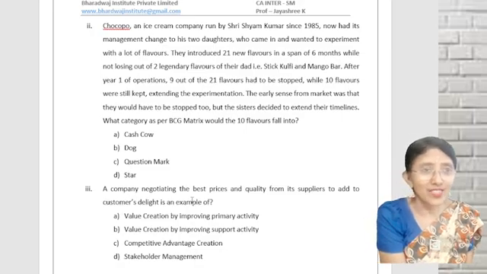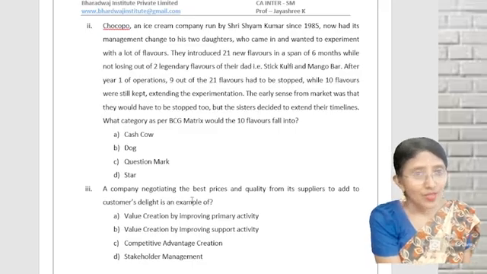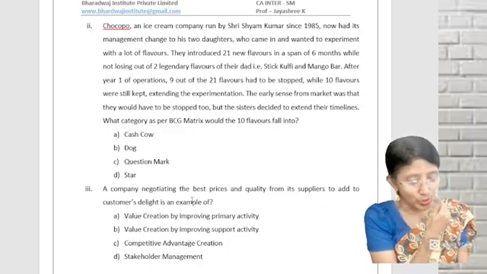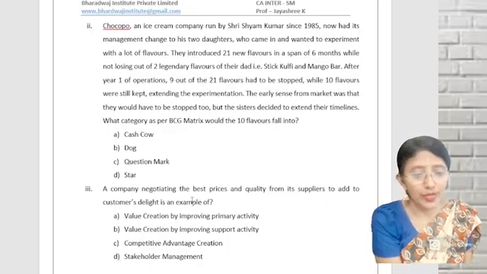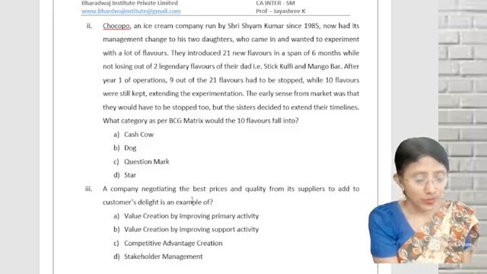Who has given it? What is it? Value chain analysis by Michael Porter. Look at the word primary. Support. Okay, now you find out. Later also do.